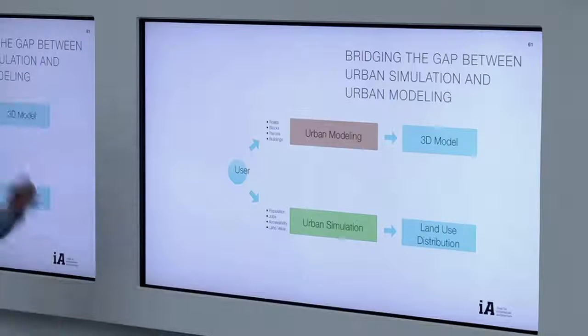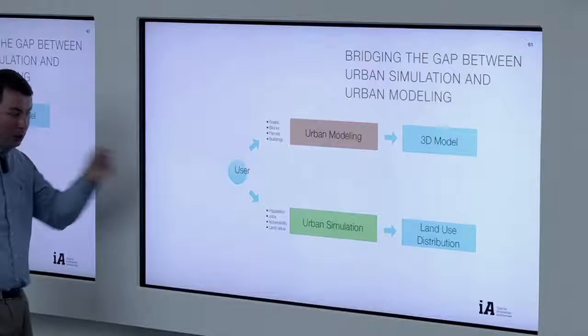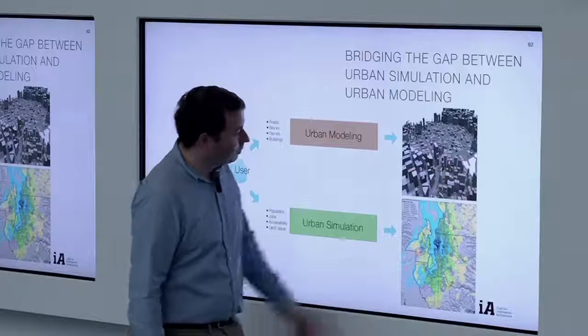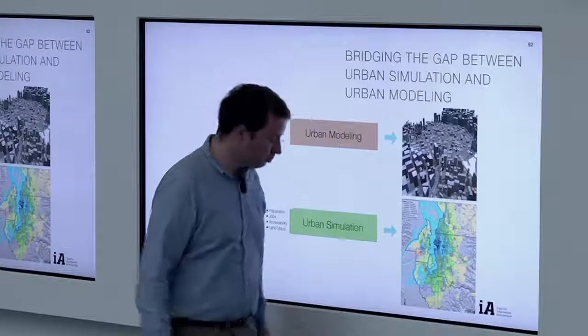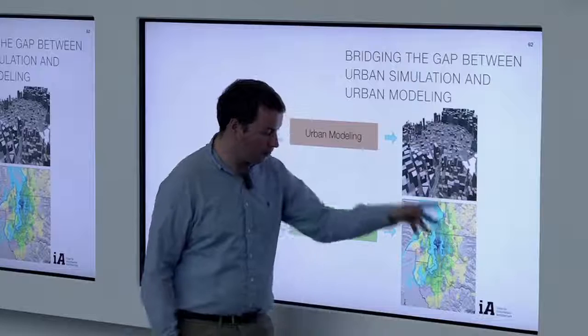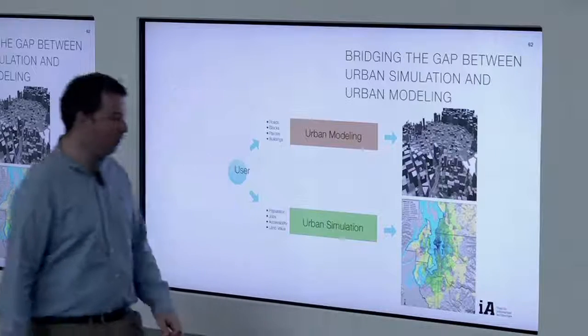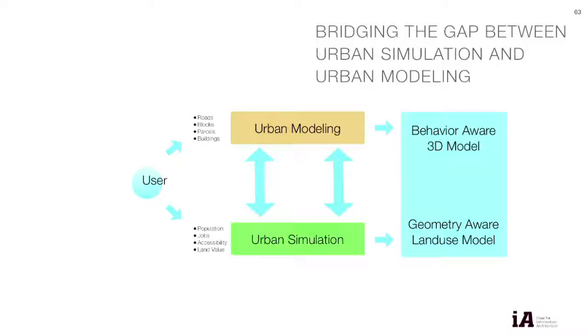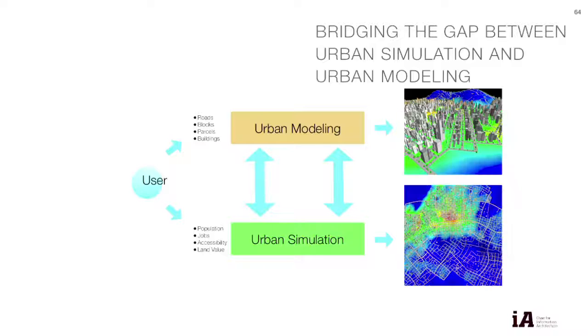So wouldn't it be nice if you just couple everything together, that you have an integrated view, that on the one side you have the 3D model, on the other side you have this land use allocation simulation for the year 2020, for instance. And that this should really interact with each other.